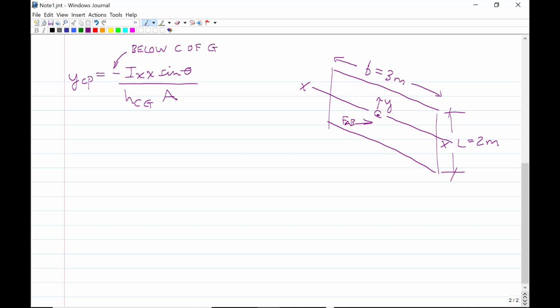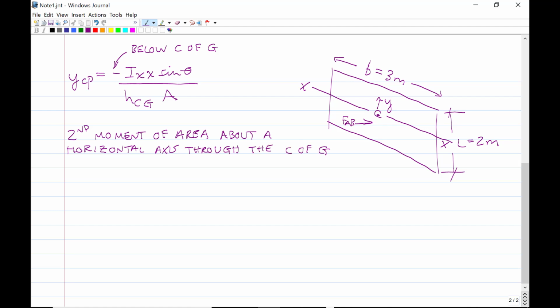So to calculate yCP, we need to calculate the second moment of area about a horizontal axis, this axis here, xx, which passes through the center of gravity.